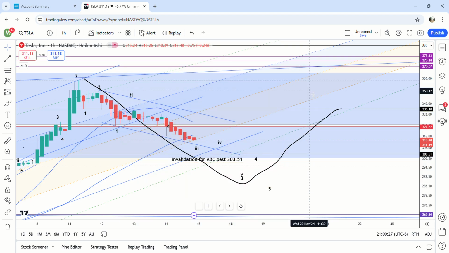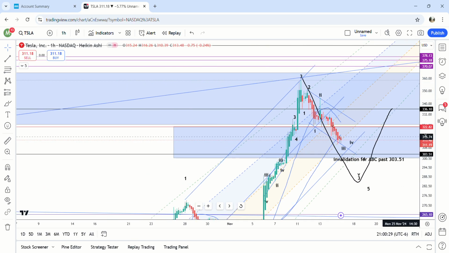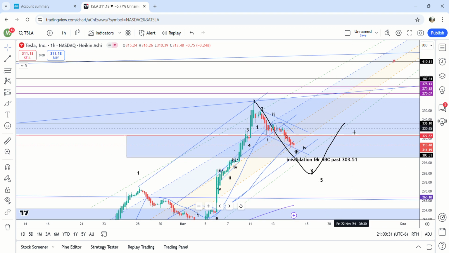Even if it goes all the way down to 280, it's going to use that 20 DMA as support and then bounce back into this supply zone. And so for that reason, if you're down, you are taking a big risk if you don't stop out right here, but you might be able to salvage the move on the bounce.